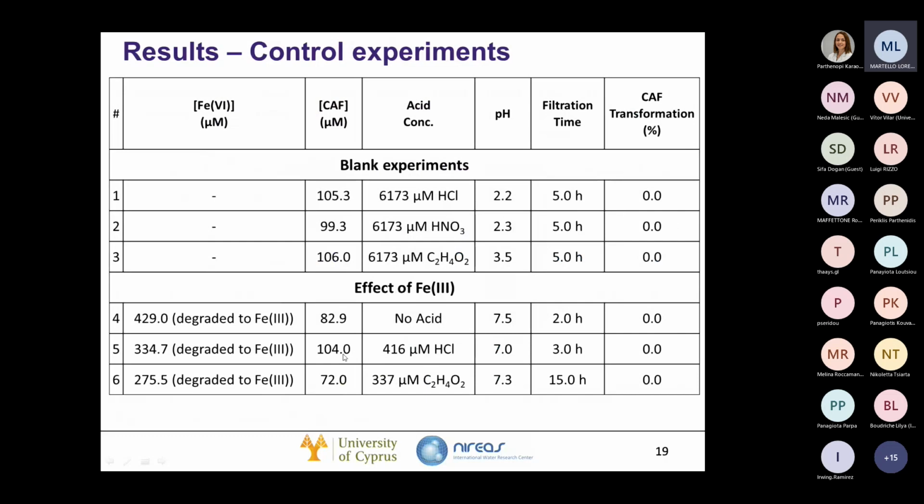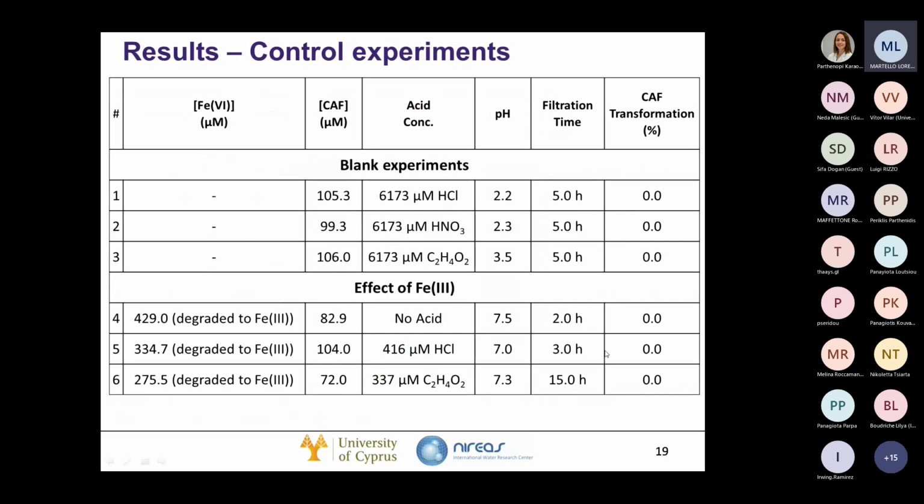Then we designed some new experiments with iron 3. We got iron 6 and let it reduce to iron 3 in the presence and in the absence of acid, without any compound. And then we used that iron 3 solution to oxidize caffeine, and we saw no removal of the organic compound.